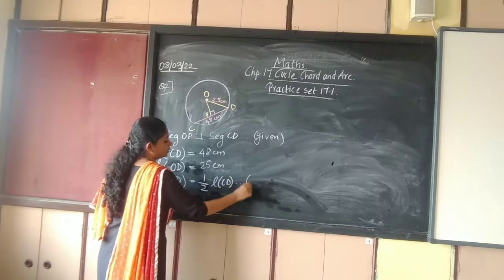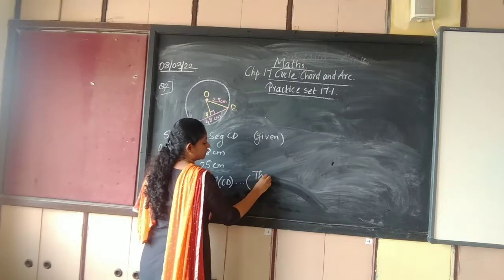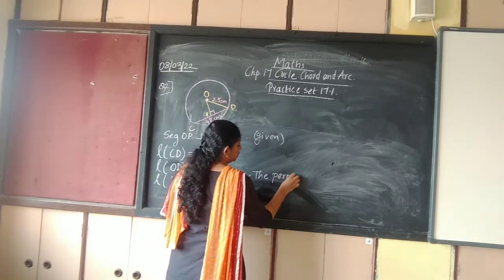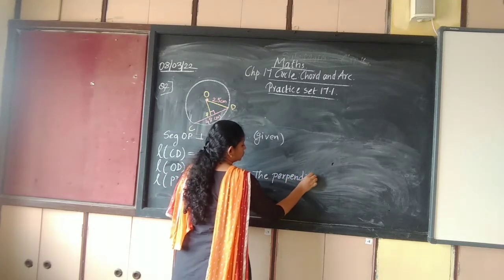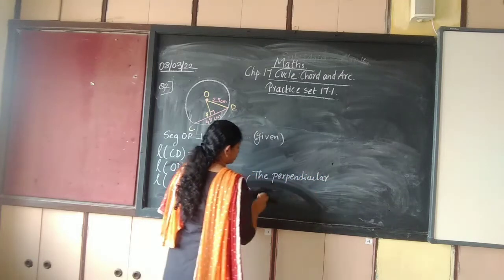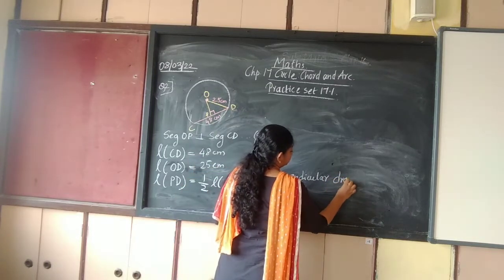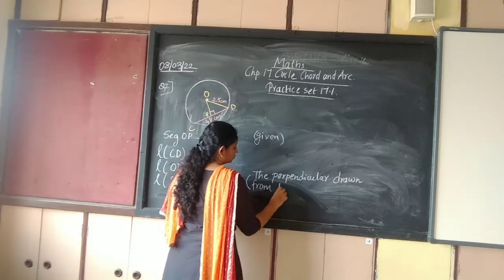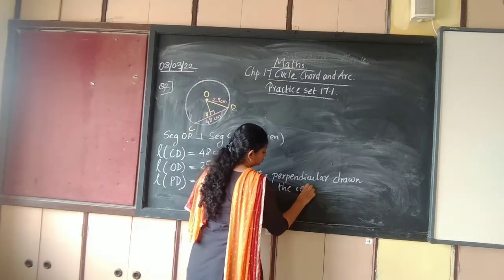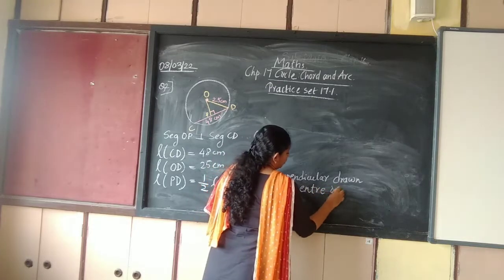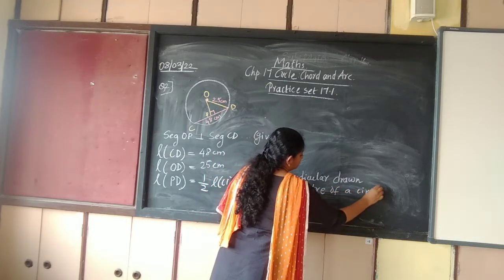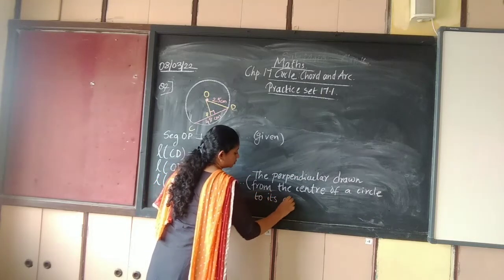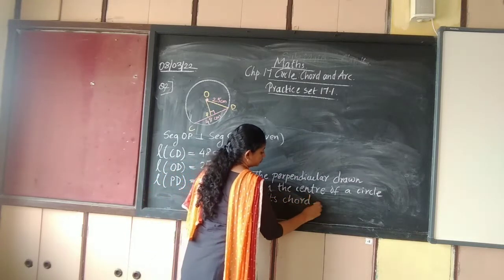The reason you are going to write is the same as in the previous one: the perpendicular drawn from the center of a circle to its chord bisects the chord.